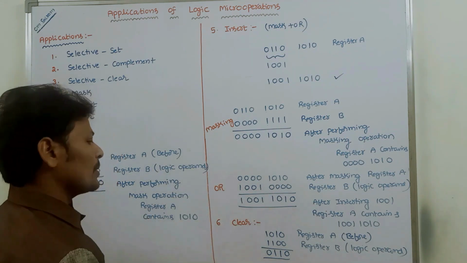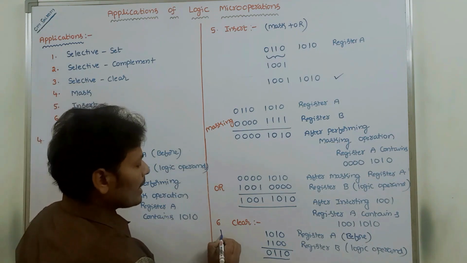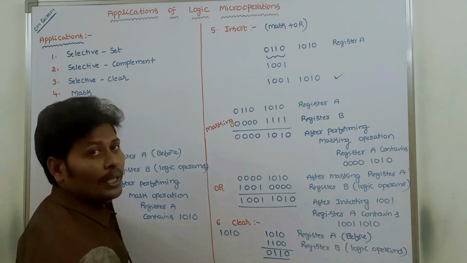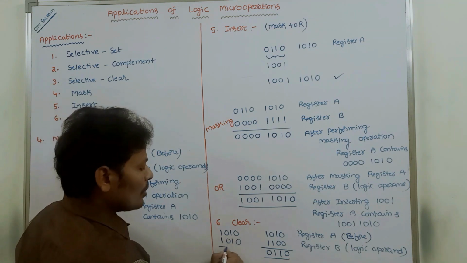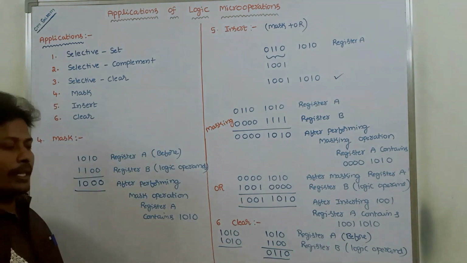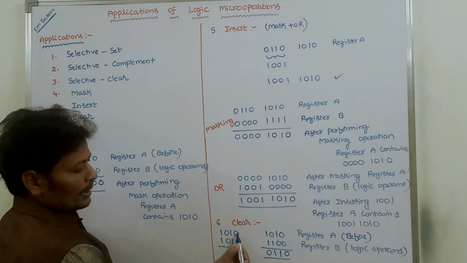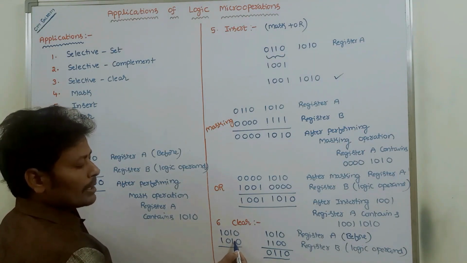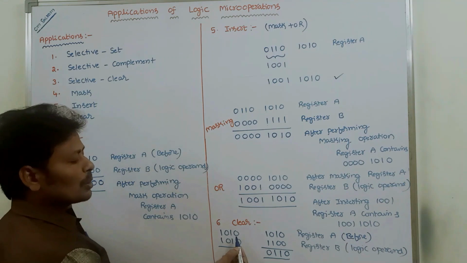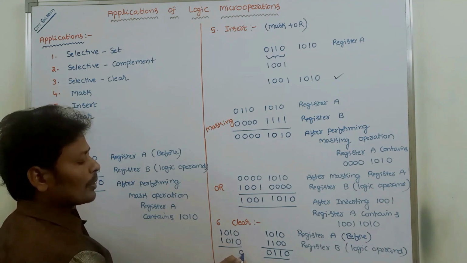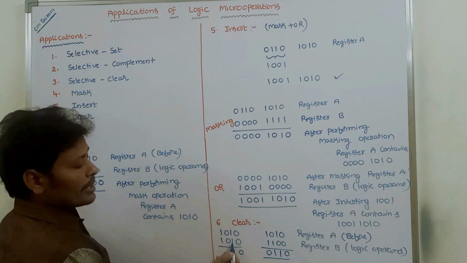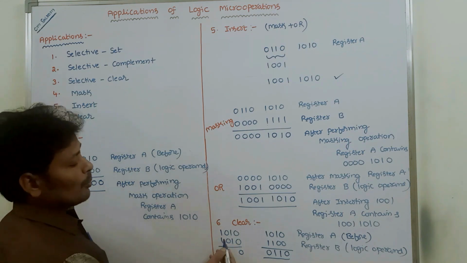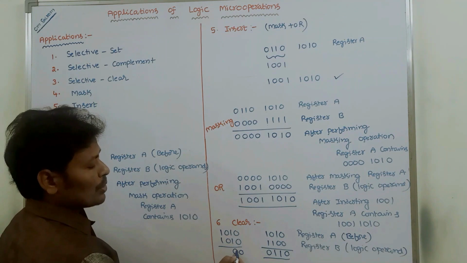Okay, suppose another register A contains 1010. Register B contains 1010. Now comparing the corresponding bits. Here register A contains 0 bit, register B contains 0 bit, both bits are same, then we have to clear to 0. Register A contains bit 1, register B contains bit 1, so both bits are same, we have to put 0.